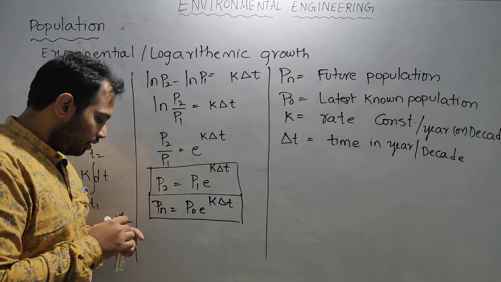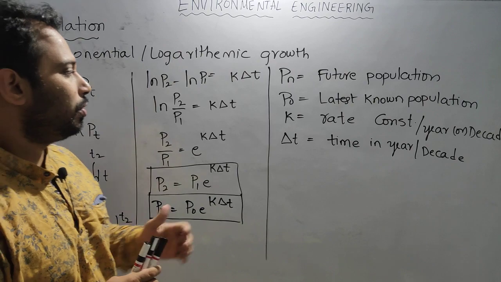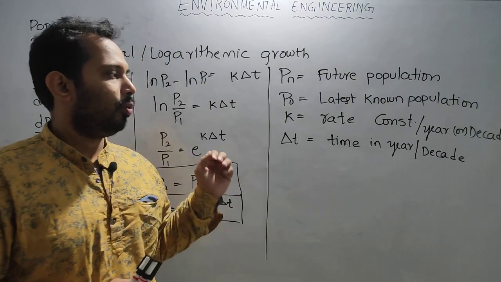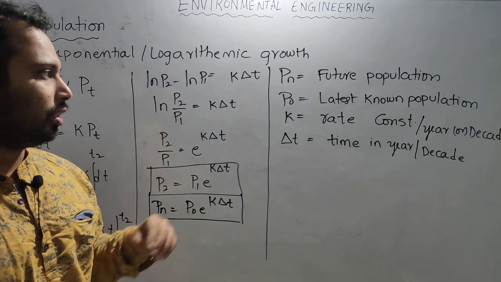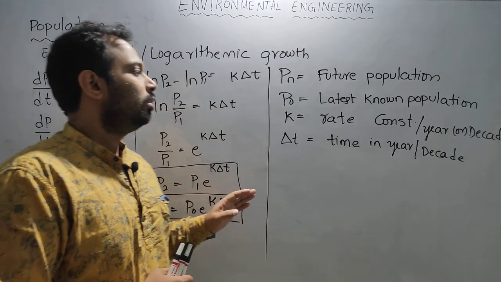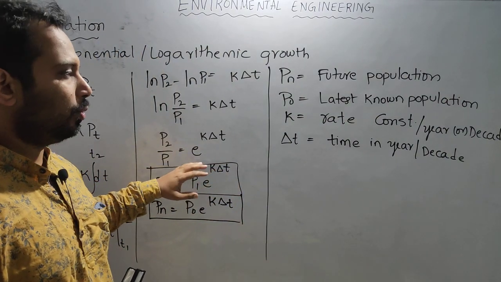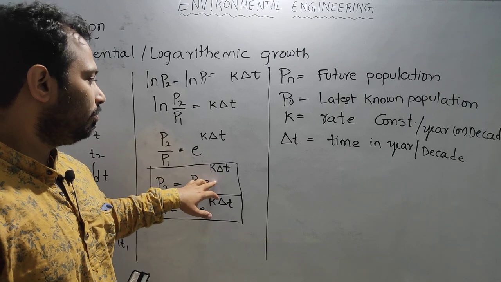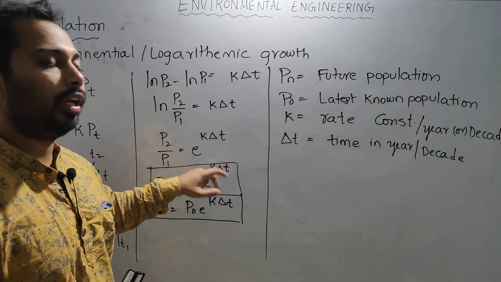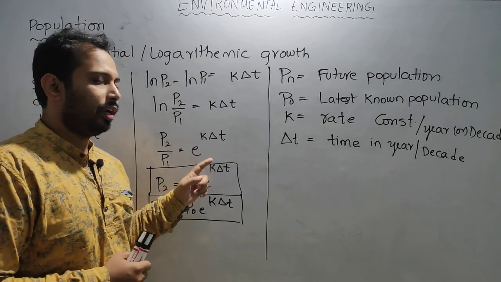If the rate constant is provided per year, then you have to substitute the time in years. Though we have data in decades, if the rate constant is derived per year, then delta t should be in years, because k into delta t should be a unitless value. If it is per decade, then delta t should be in decades. You need to be very cautious about substitution of k value and delta t value.